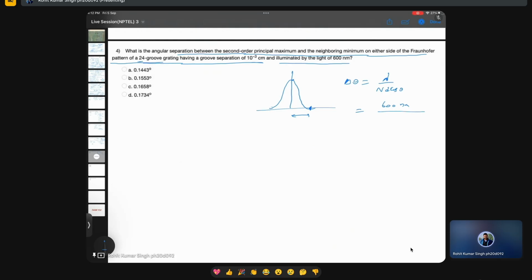For the 24 groove grating, we use grooves, so 24 means n equals 24, there are 24 slits basically. And what else do you need? d is the separation, 10 to the power minus 3 centimeters, so this is your d. But we need the cos theta also. So how can we calculate the cos theta? Any idea?